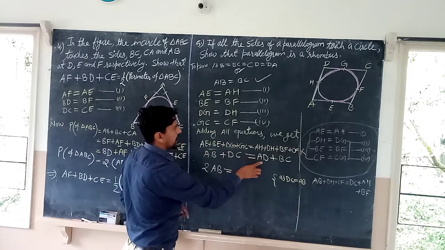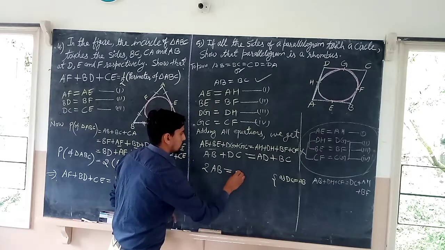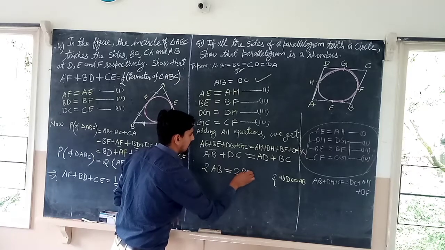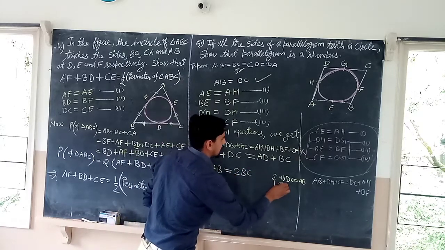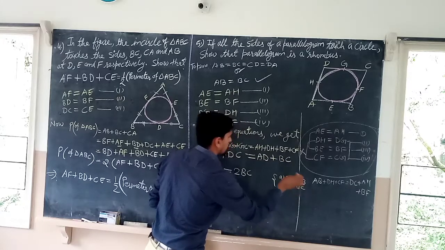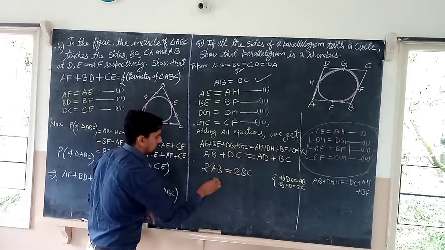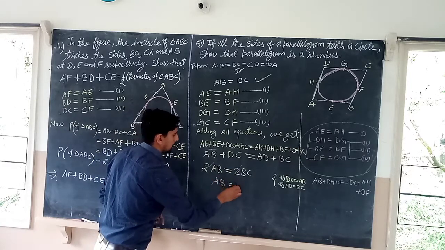Here also AD equal to BC, so I can write 2 times BC, as AD is equal to BC. Right? So now the 2 and 2 will be cancelled from both sides and you will get AB equal to BC.